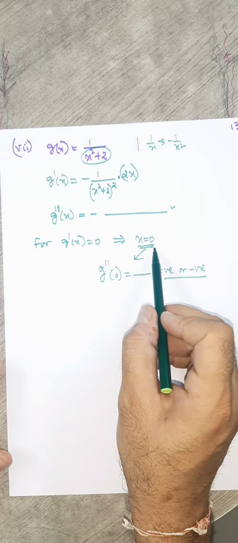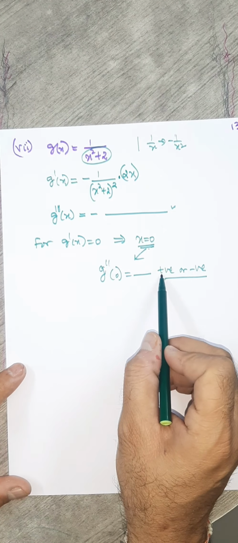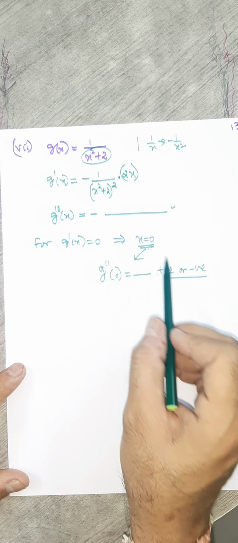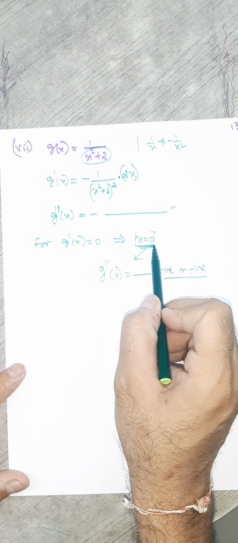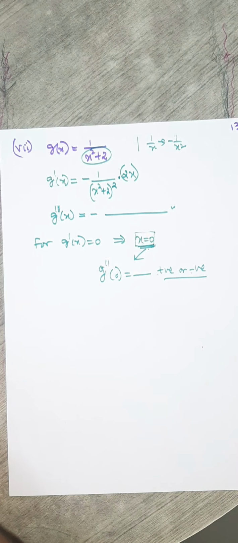So 0 is the point where the function depends upon the second order derivative. If it is positive at 0, then it has a local minimum, and if it is negative, then it would have a local maximum. But this is the point where the function has either a local maximum or minimum. Okay, we'll go now to the 8th question, the last sub question here.